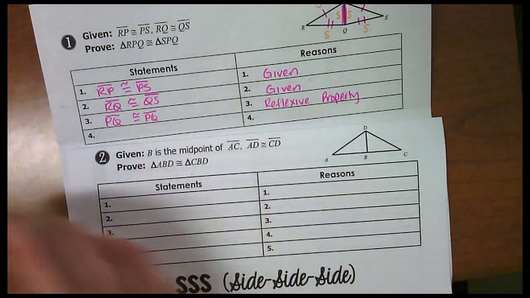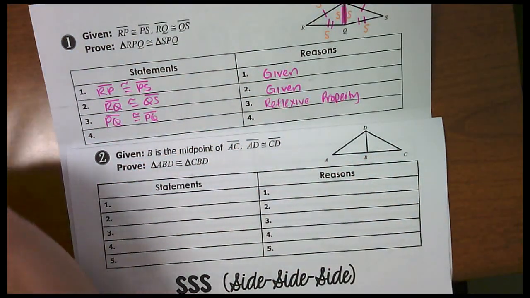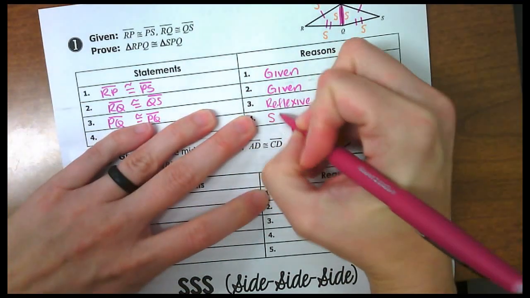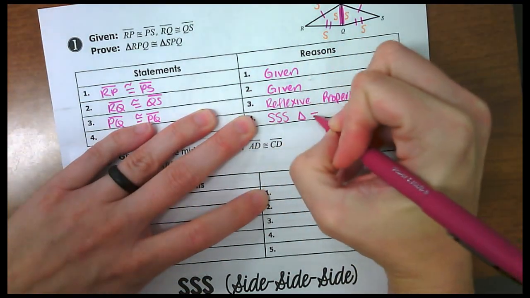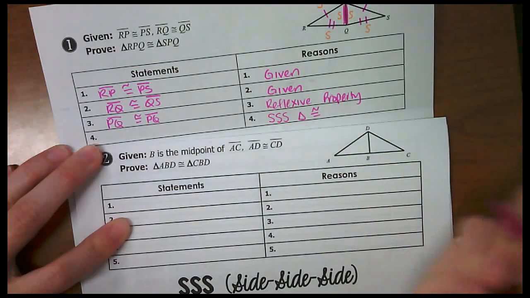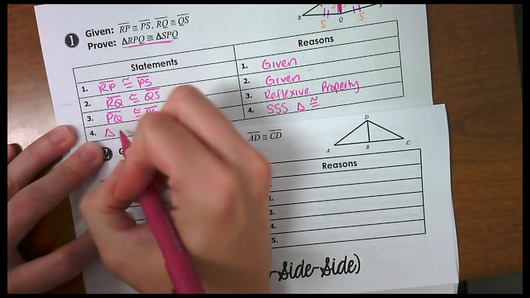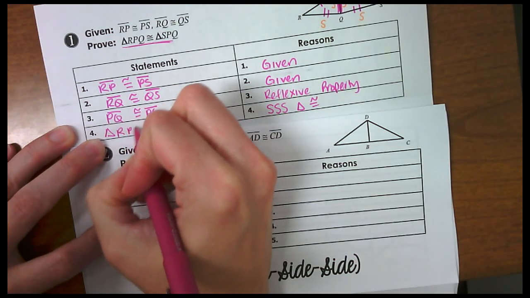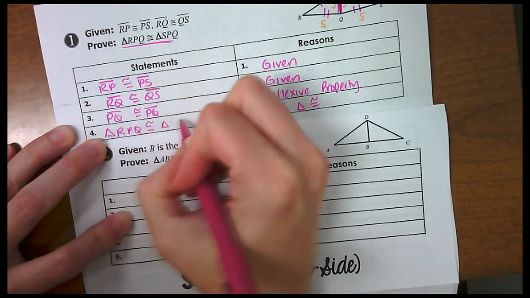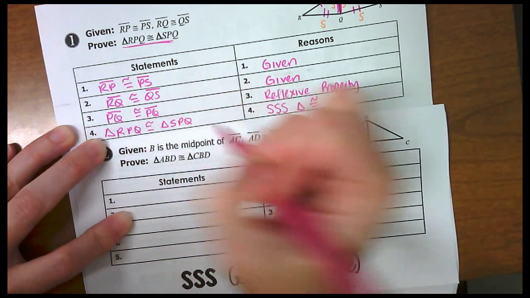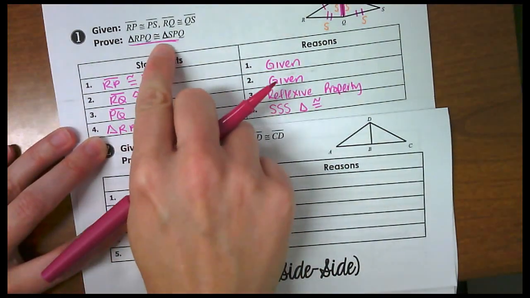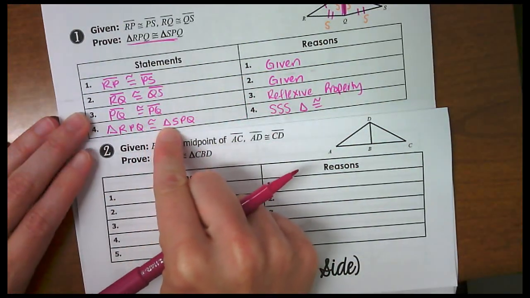So our reason that our triangles are the same is going to be the side, side, side triangle congruence theorem. I'm just abbreviating, okay? Whatever your prove statement is needs to come last. So when you have a drag and drop or a fill in the blank with a word bank, whatever that said was prove has to be last.